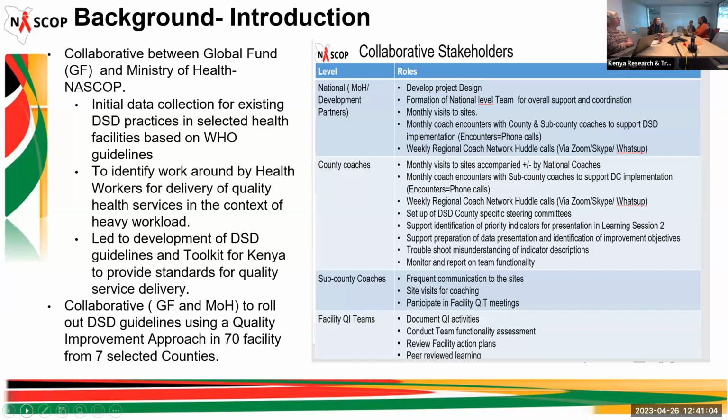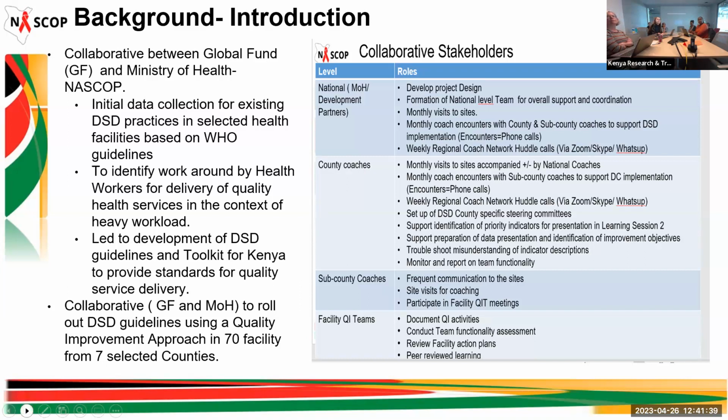And so we were able to collaborate with the Global Fund, with their support, to be able to see what's going on when you use that environment for quality improvement to scale up DSD. And so 7 counties were selected, and we went into specific health facilities in the 7 counties. And the collaborative stakeholders included both national and sub-national teams. So we had the whole slice, right from the national development partners to county to facility teams.